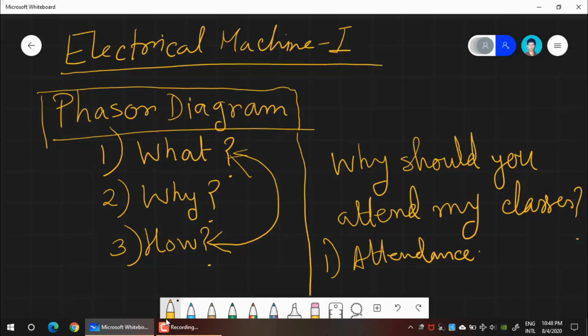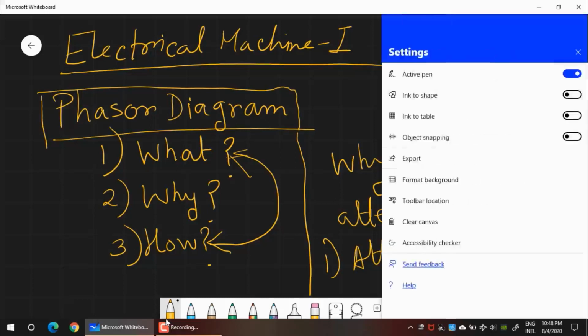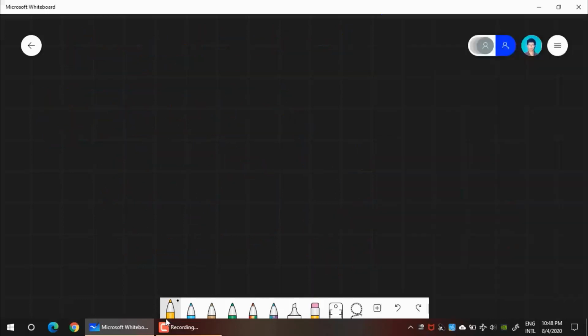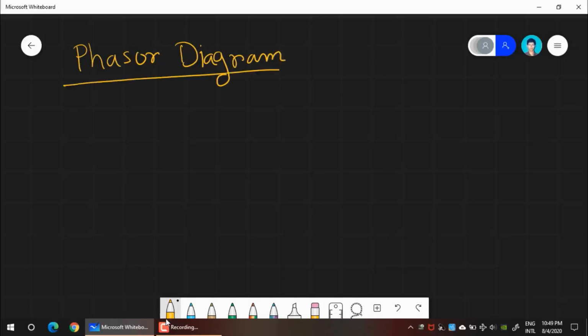Let me start the actual topic. So, phasor diagram. As you have already attended a few classes in your basic electrical engineering, I won't waste much time on this phasor diagram.